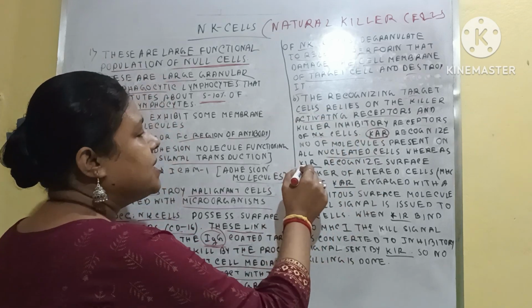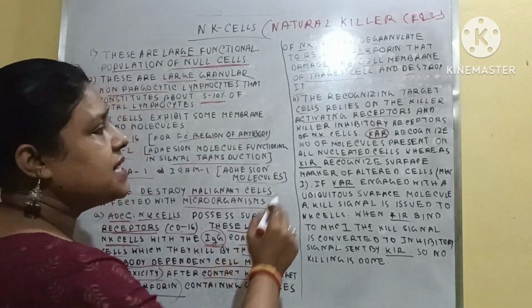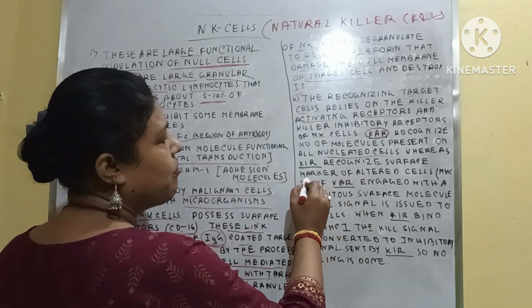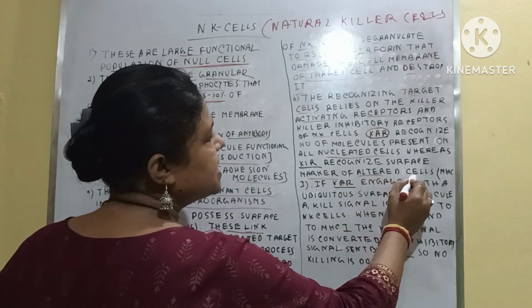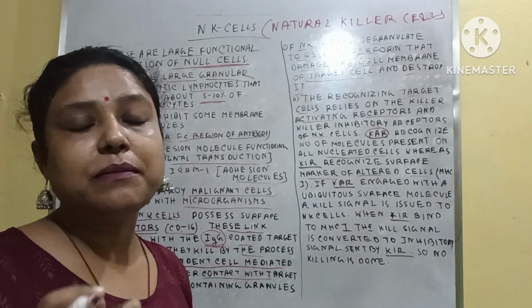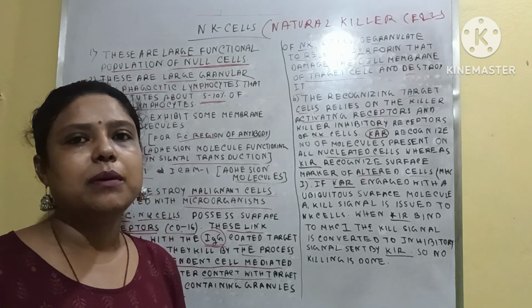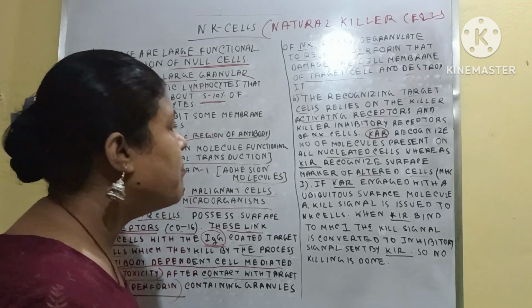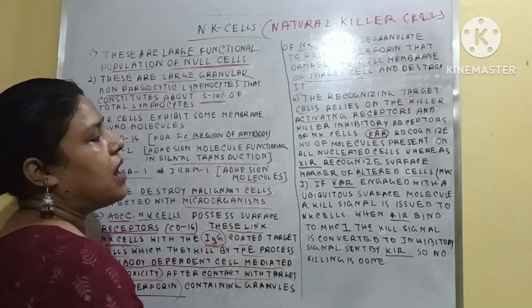Clear? And what is the role of KIR? This recognizes the surface markers of altered cells. That means any particle that binds with the MHC complex is recognized by the KIR.